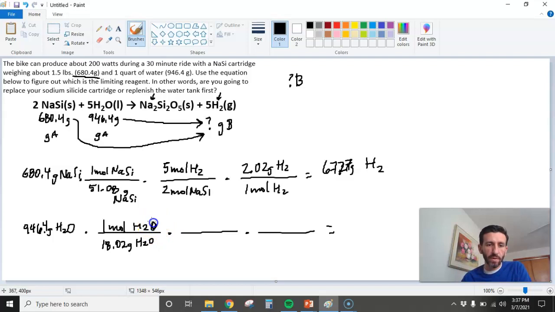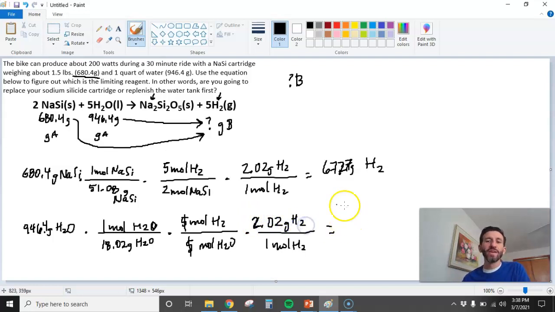And then over here, I have 5 moles of water to 5 moles of H2. So I know that 5 and 5 cancel each other out. And then 1 mole of hydrogen to the molar mass of hydrogen. When I do this math, I really should write this again. So this is 67.27. This down here is 106.1 grams of hydrogen.